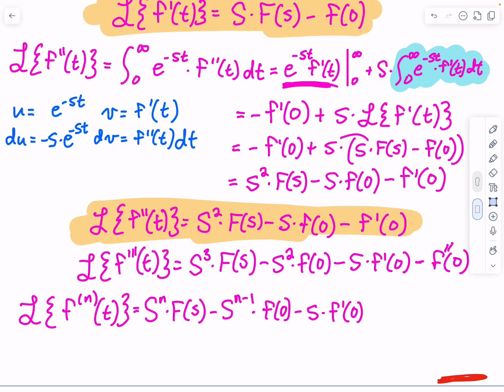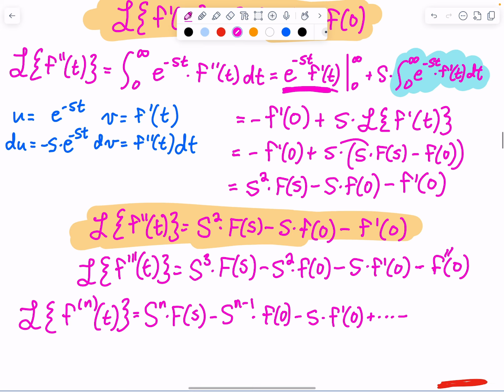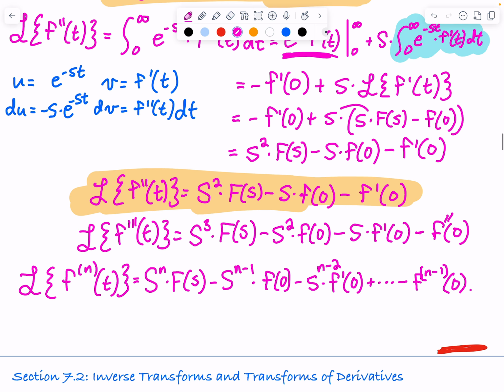I can't go up to n, so I'm just going to write plus dot dot dot. It goes on, and then it's going to get minused again, and we work our way all the way down. And notice the derivatives up here, like on this one was 2 when it was the third derivative, so it's going to be the n minus 1 derivative at 0. Oh, I forgot my power here, that's n minus 2. We would work all the way down until we have s to the 0 at the end. So it walks down.